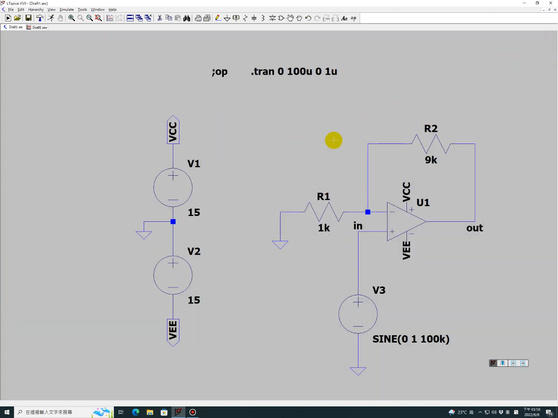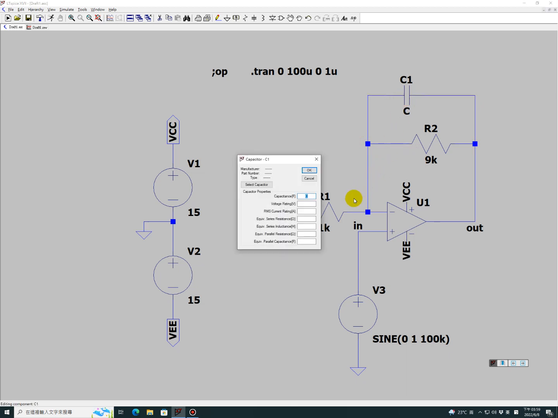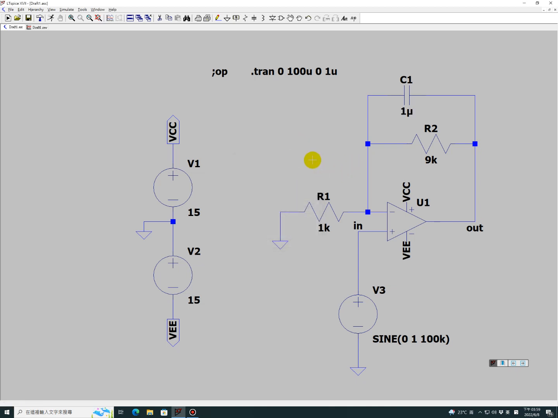Okay, now as you recall, if I use this circuit for some other purpose, like for integration, so I put an integrator resistor here, then the circuit will become an integration circuit, and I put, this is like micro, so 1 micro, and we know the circuit will limit the response because of this integration constant.